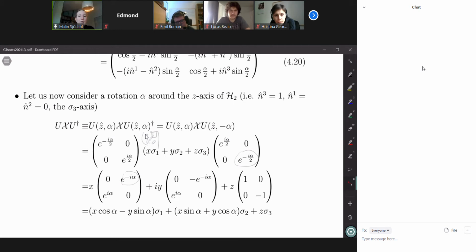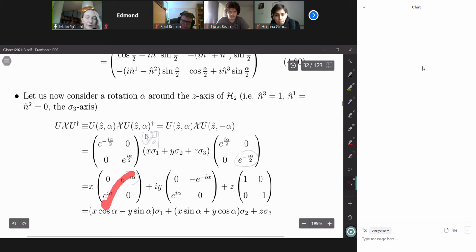So then we want to decompose this vector, so we expand now and look at what we have multiplying the components sigma 1, sigma 2, and sigma 3. So for sigma 1, we have the cosine from here, and from here we have minus, minus, and then i squared, so that's minus sine, and then the sine alpha from here.